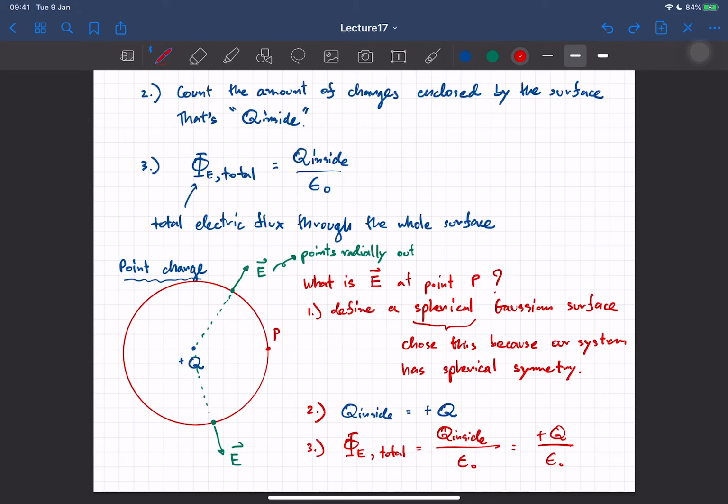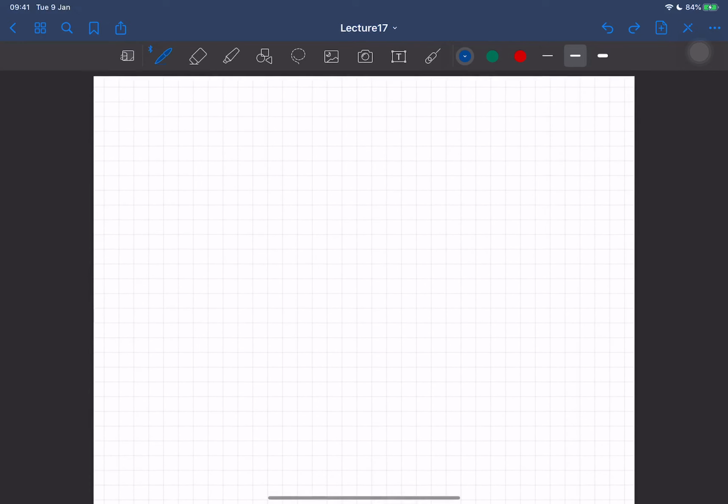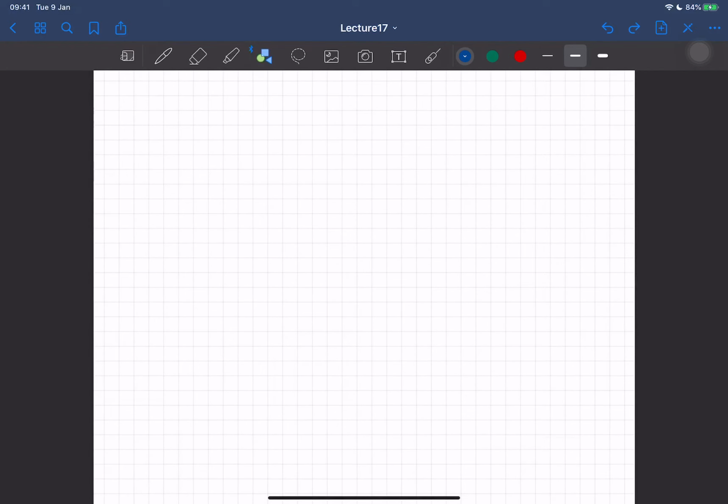All right, so what's next then? I need to go to the other page, so let me draw this again.